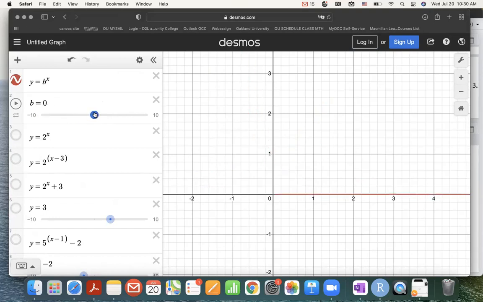That's boring, right? Nothing happens. It's just a line. What about b equals 1? Then y equals 1. It's just a constant function, y equals 1. It's nothing special. So b had to be greater than 0 and not equal to 1.